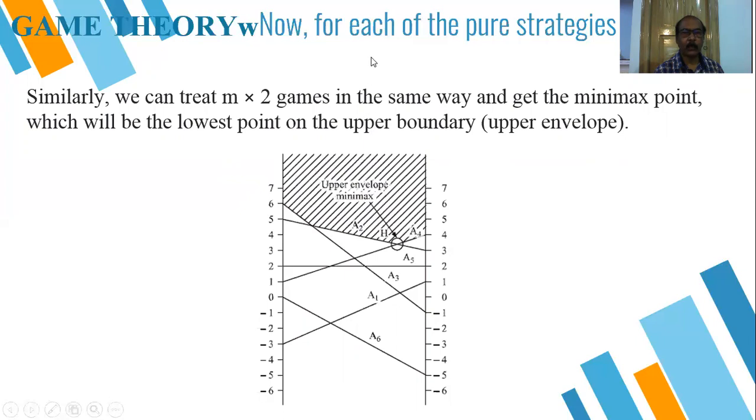As we move upwards, that is the maximum. As we move downwards along the envelope, we get the minimum of the maximum. Of the many maxima, we get the minimum of them.